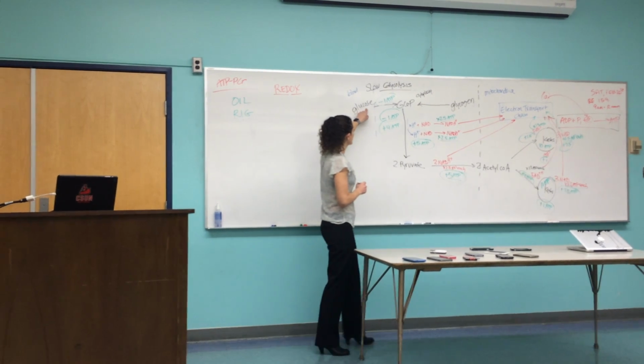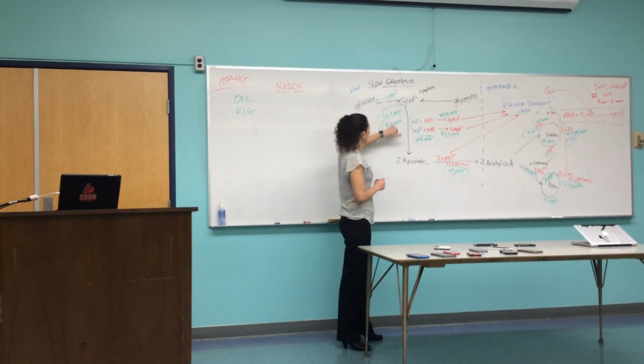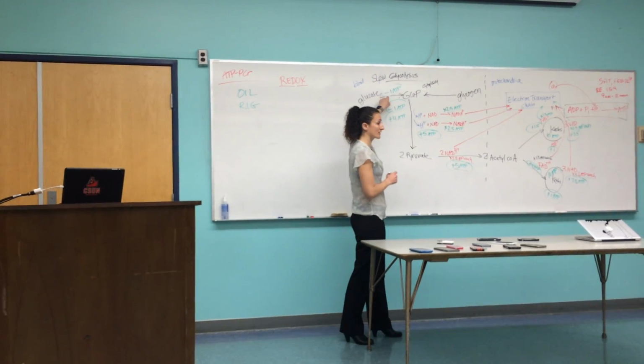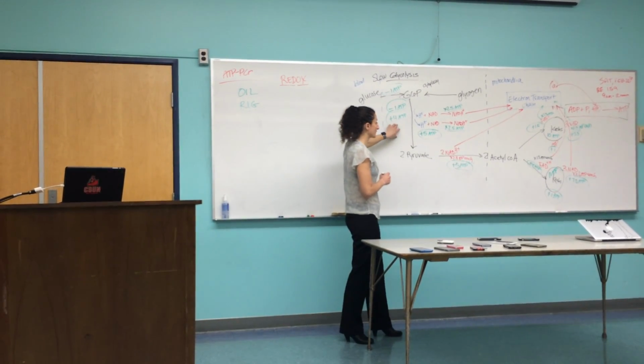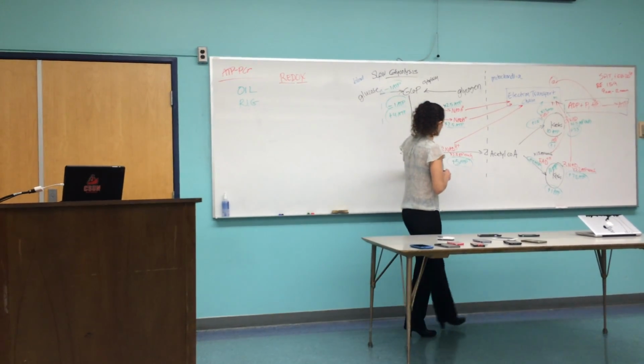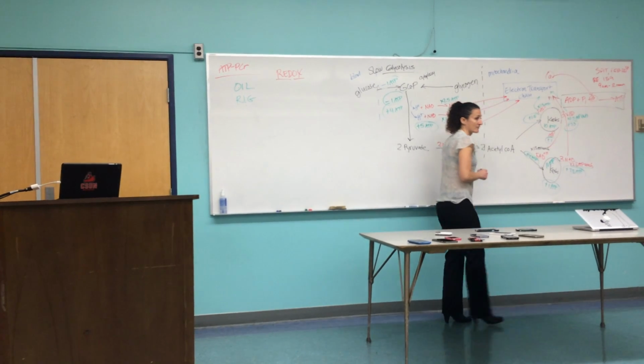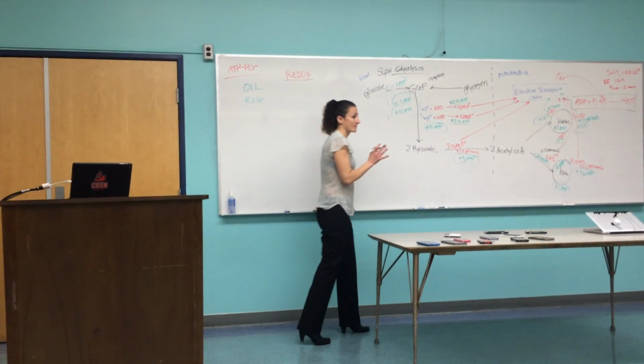Coming from glucose, how many am I getting here? 2, because I lost one here, made 4. So I have 2. These are all indirect. 3, 4. All the others are indirect.